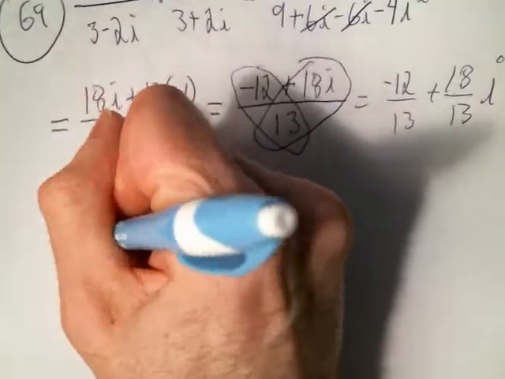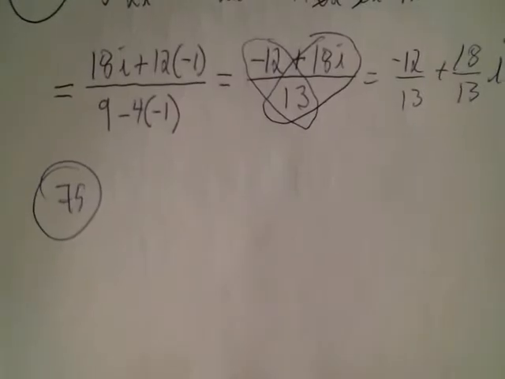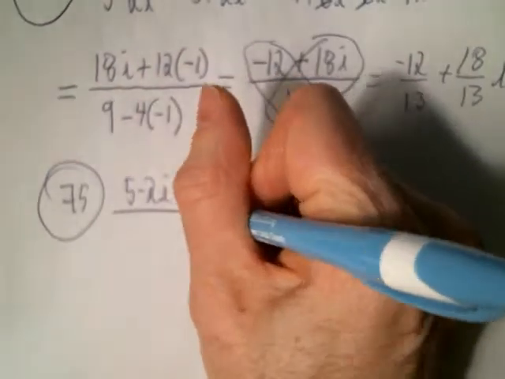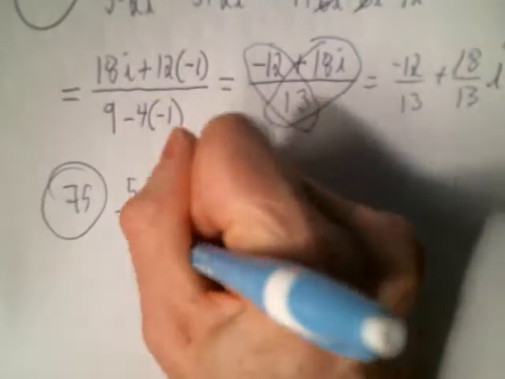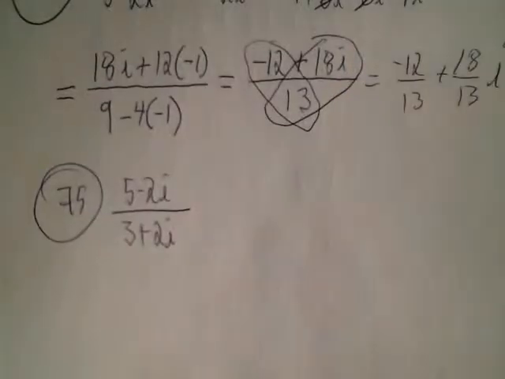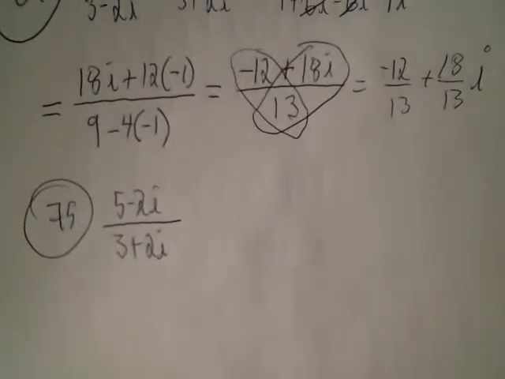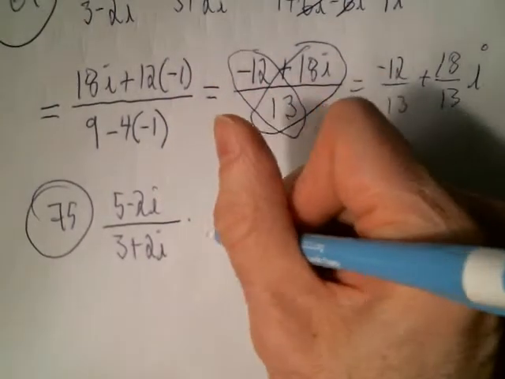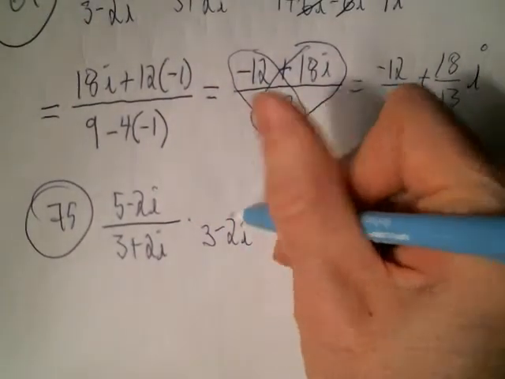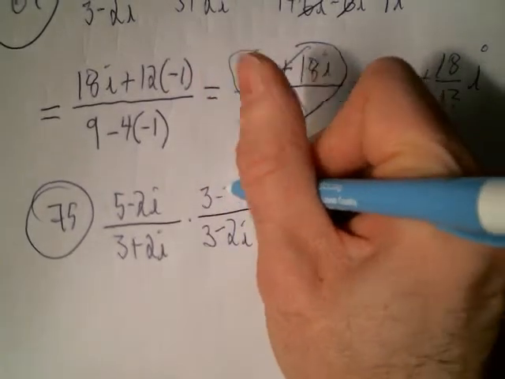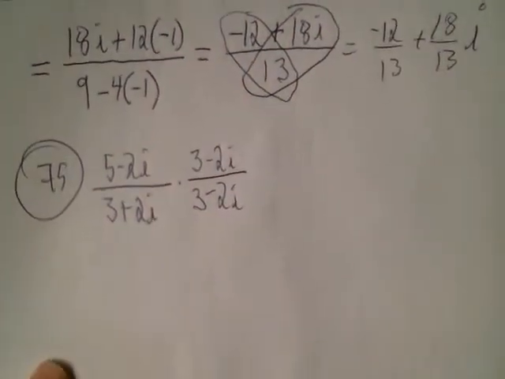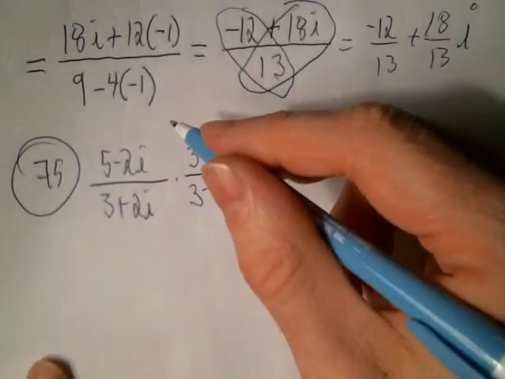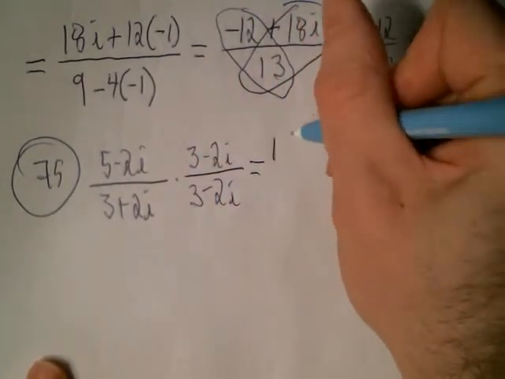So we get number 75. 5 minus 2i all over 3 plus 2i. So this time the conjugate is 3 minus 2i. So I'm foiling in the numerator. 5 times 3 is 15.